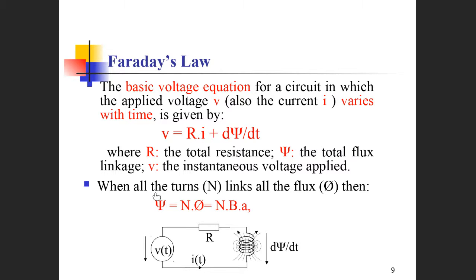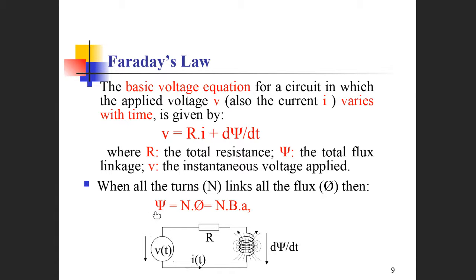So the total flux linkage on the conductors, touched with the conductors: more turns, more magnetic field touching the conductors. One turn, just one conductor touches it; more turns, more conductors touch it. We call this the total flux linkage. So the total flux linkage that links to the coiler is phi here.